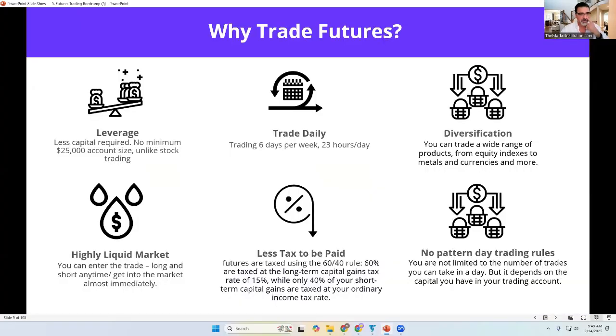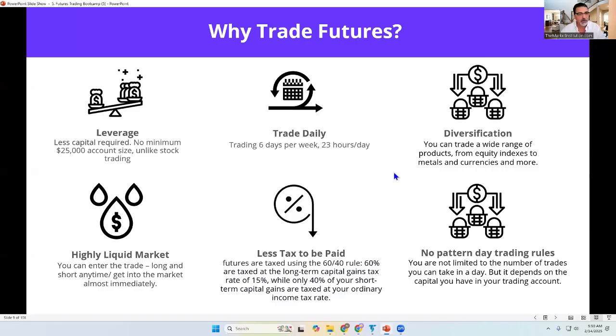So why trade futures? A lot of reasons. You get a lot of leverage and you can make small moves in price to crack the daily nut. You get daily trading up to 6 days a week, 23 hours a day. Diversification: we have many different products we can participate and trade with. As you saw with the 5 different groups of futures, we could be doing financial products, commodities, and so on.